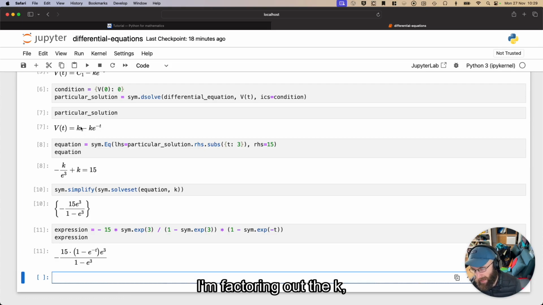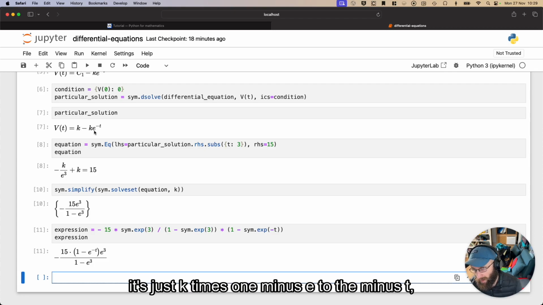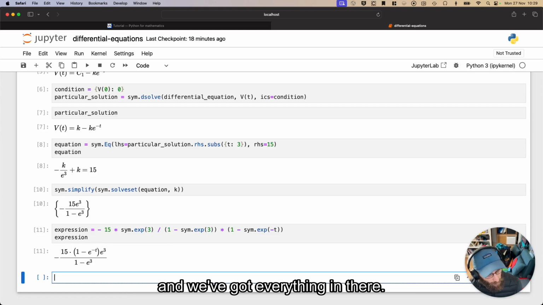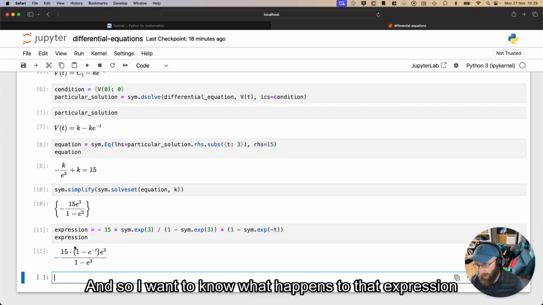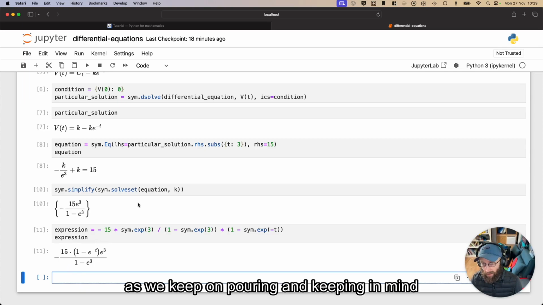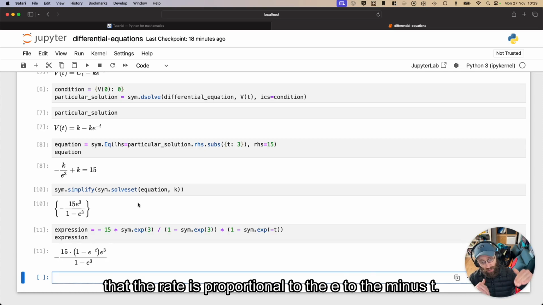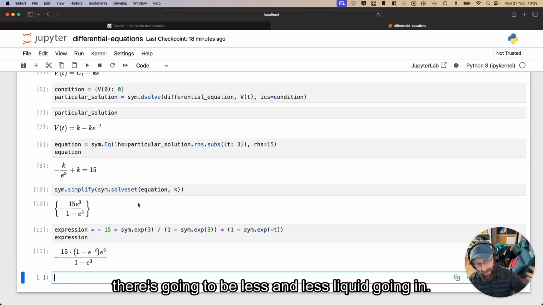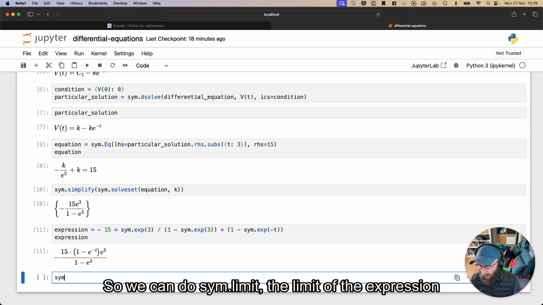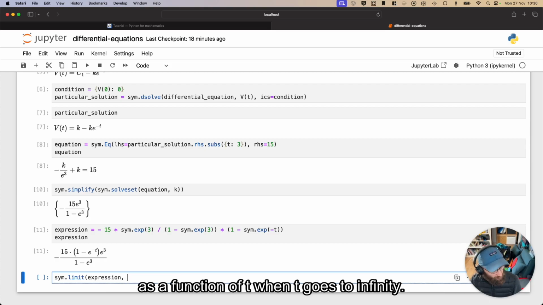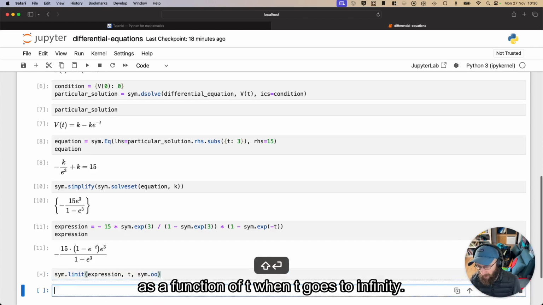I'm factoring out the k. It's just k times 1 minus e to the minus t, and we've got everything in there. And so I want to know what happens to that expression as we keep on pouring, keeping in mind that the rate is proportional to e to the minus t. So as t goes on, there's going to be less and less liquid going in. So we can do sym.limit, the limit of the expression as a function of t when t goes to infinity.